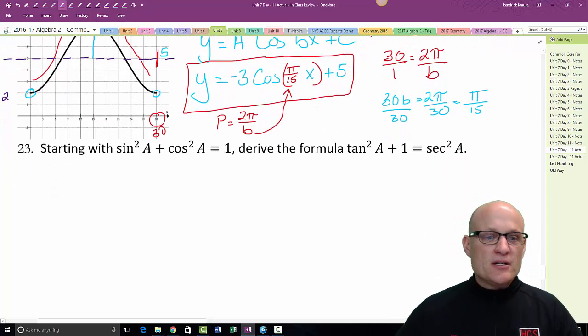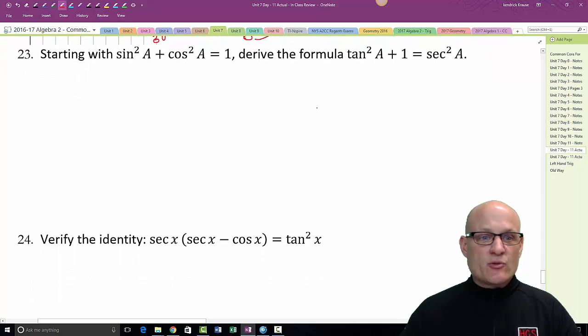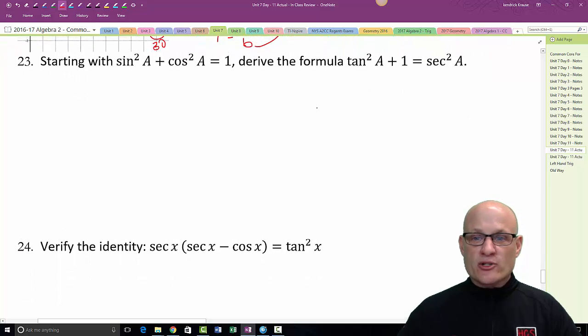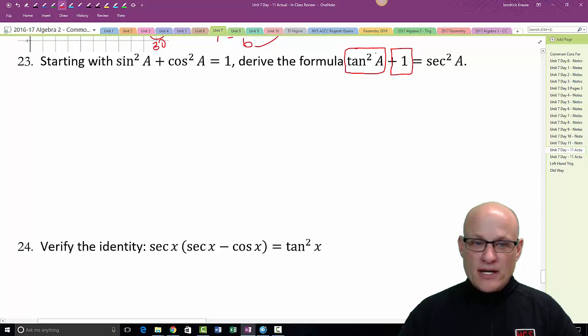Okay, starting with sine squared a plus cosine squared a equals 1, derive this formula. All right, so I need to somehow come up with tangent, and I need to somehow come up with 1. The easiest way to do that is just to divide by cosine squared a. Divide everything by cosine squared a.